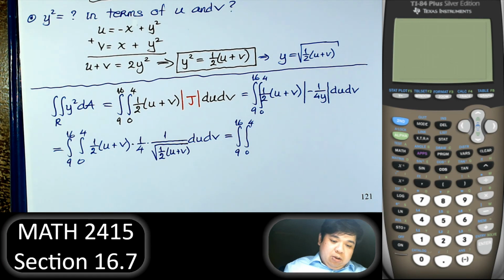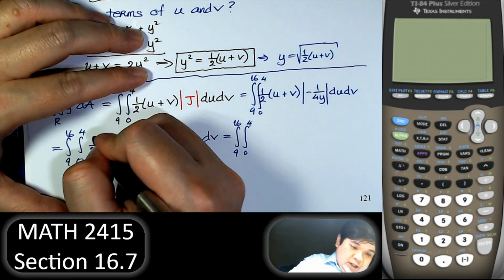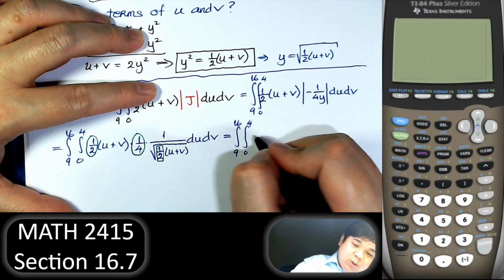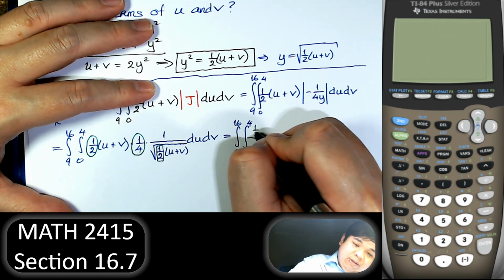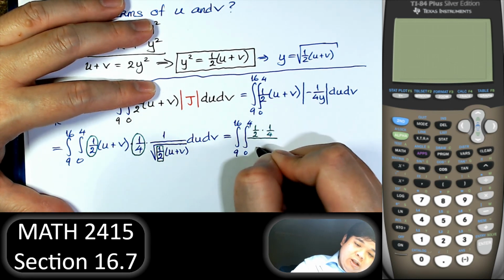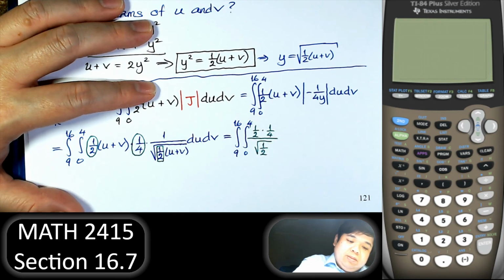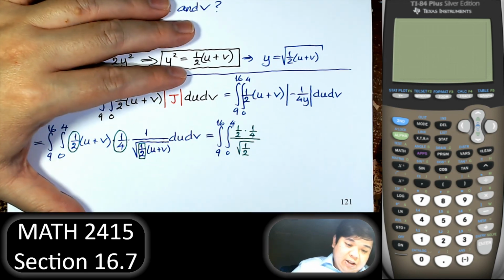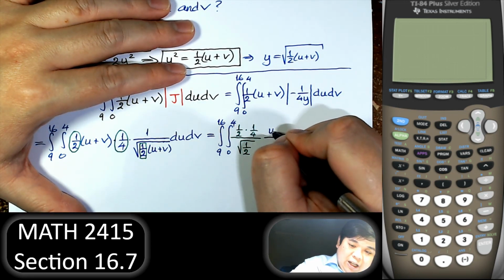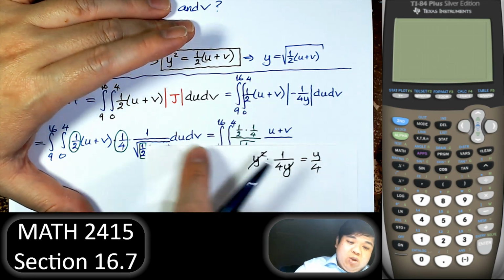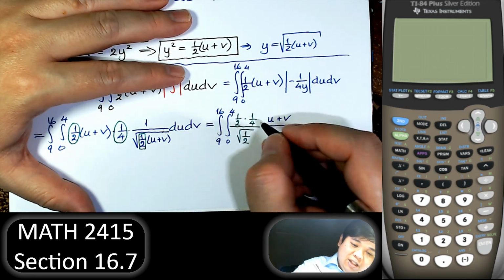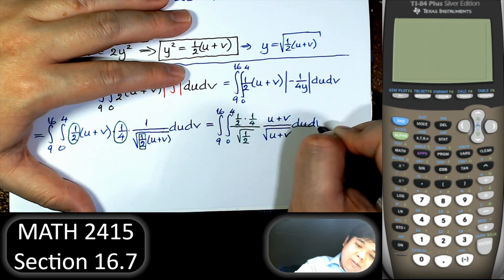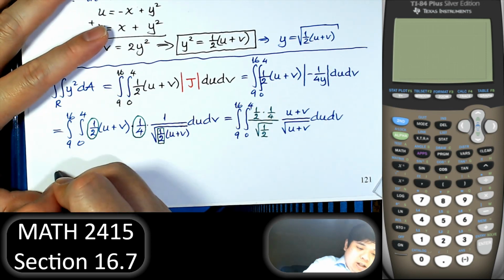Right, so let's just group all the numbers together. 1/2, 1/4, 1/2, but inside the square root. So 1/2, 1/4, square root of 1/2, and then we have, yeah, this is much better if we just leave the y squared here. Right, that cancels out and simplifies all of this.